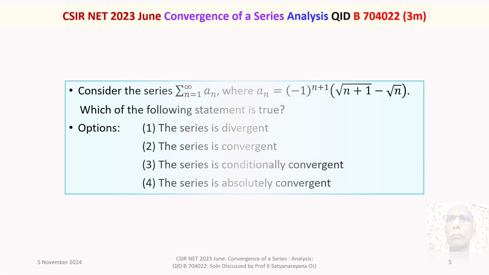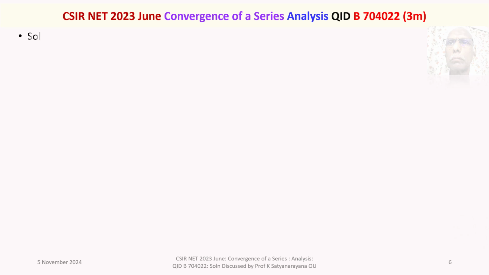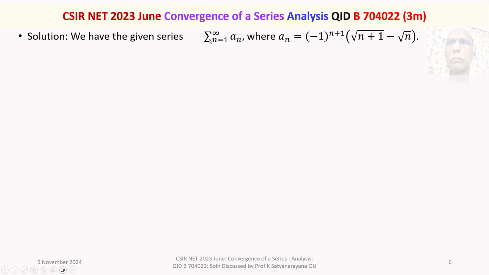Let's now discuss the solution of this problem in detail. We are given the series sigma n equals 1 to infinity a_n, where a_n is equal to (-1)^(n+1) times, in brackets, square root of n+1 minus square root of n.